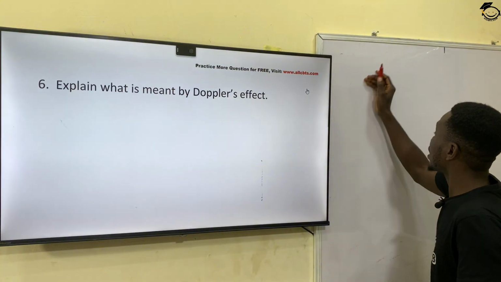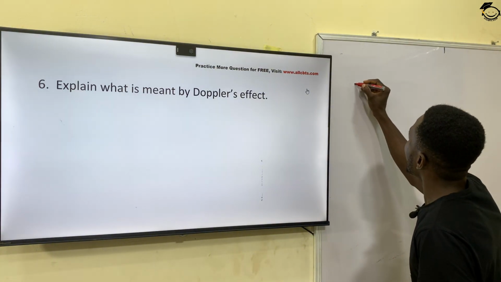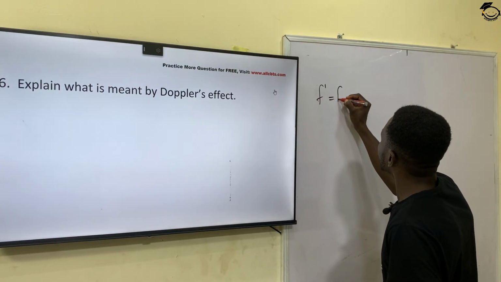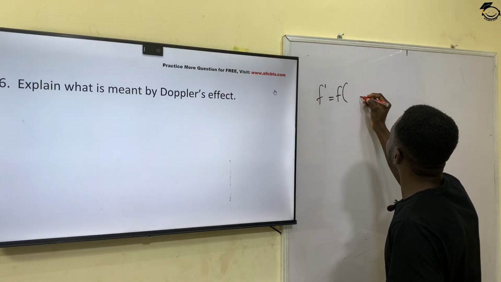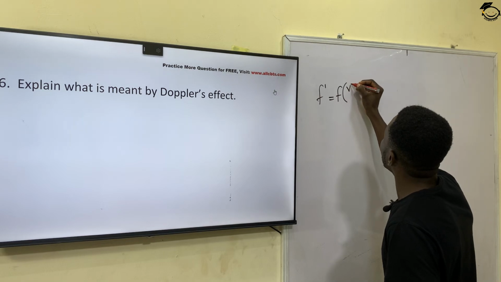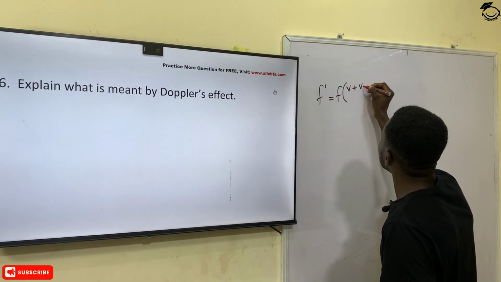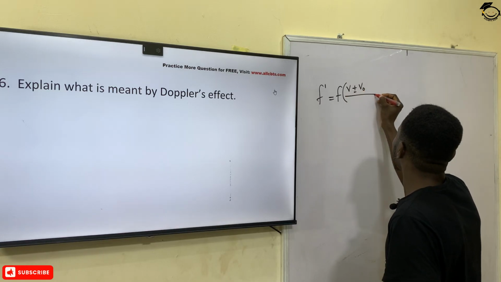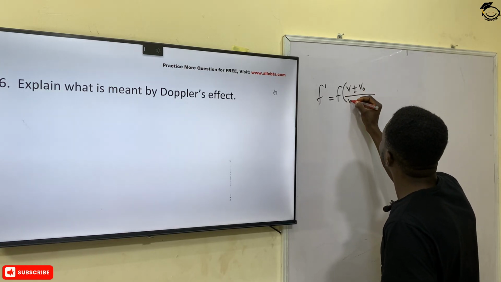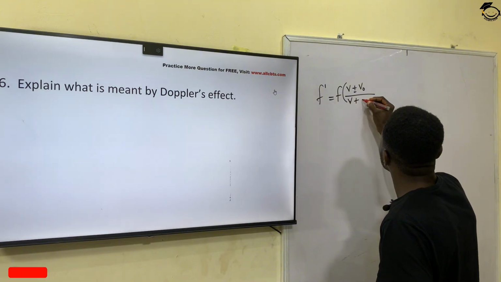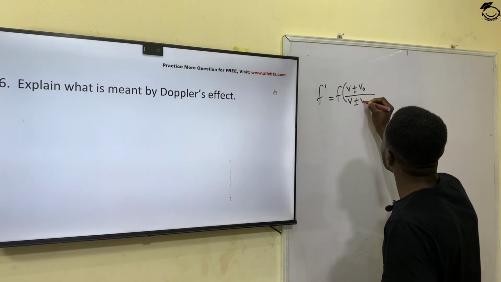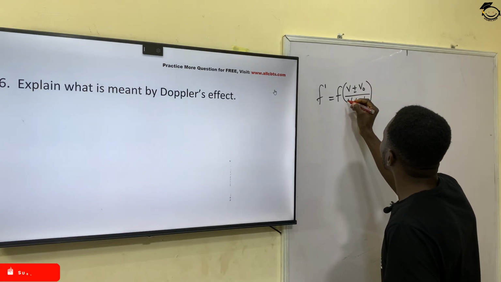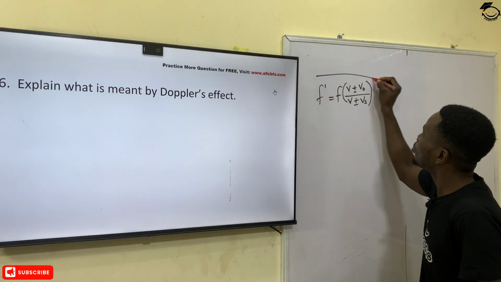And you can easily calculate your Doppler effect by using your observed frequency to be the frequency, open the bracket, then we have the velocity plus or minus the velocity of the observer over the velocity plus or minus the velocity of the source. So we use this formula here for calculating your Doppler effect.